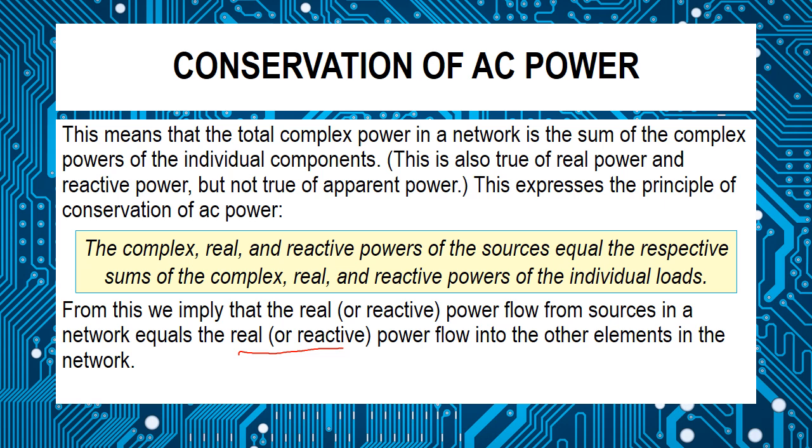So the complex, real, and reactive powers of the sources equal the respective sums of the complex, real, and reactive powers of the individual loads. From this, we imply that the real or reactive power flow from sources in a network equals the real or reactive power flow into the other elements in the network.